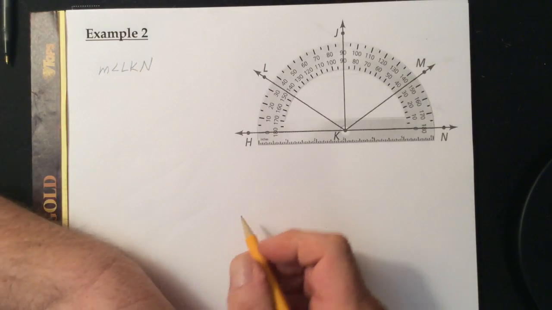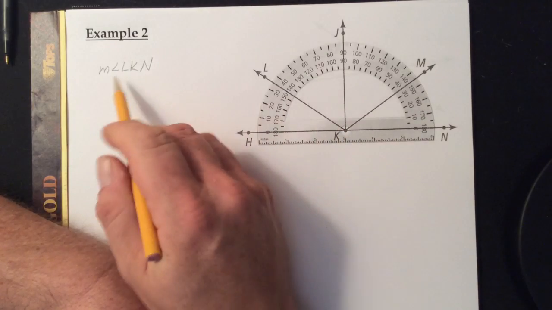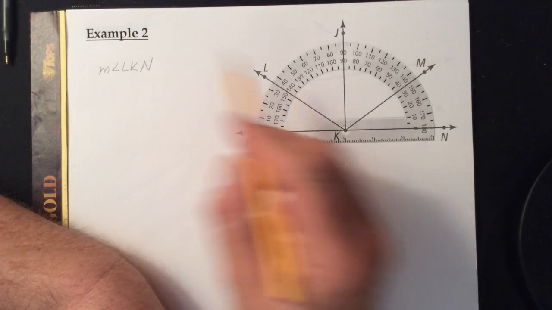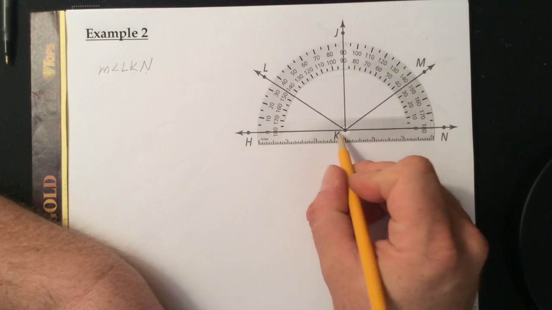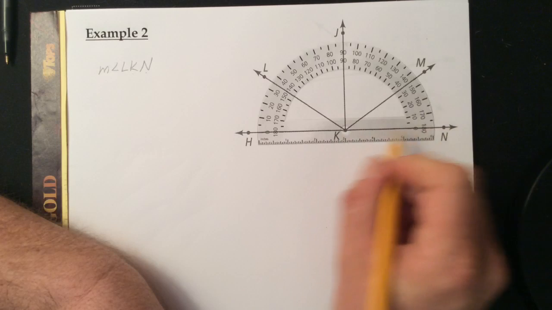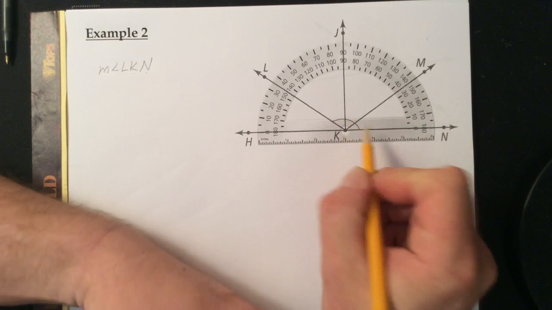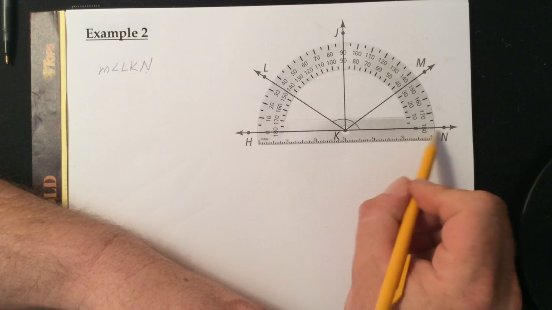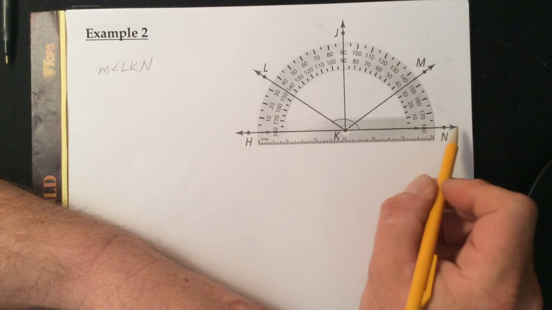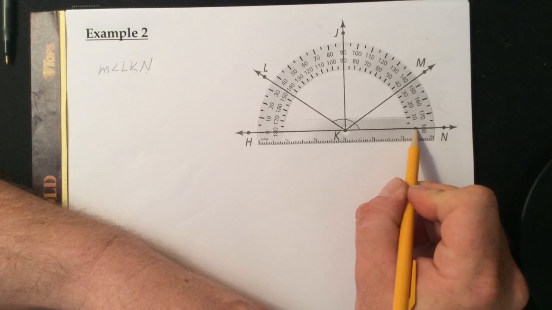First of all, locate the middle letter K, of course that would be the vertex, and then ray KL right here, and ray KN right over here, means that we're looking at this angle right here. Well, in this case we are starting at the right side of the protractor, so we can start at 0 on the inner scale.